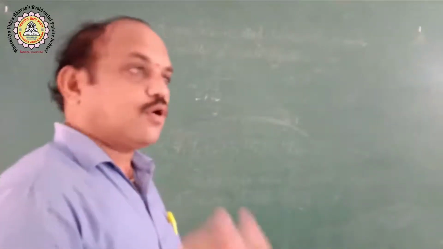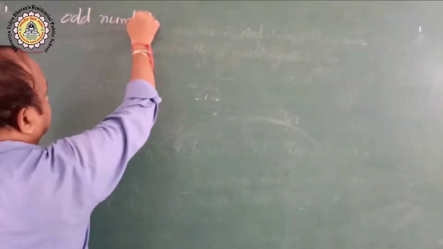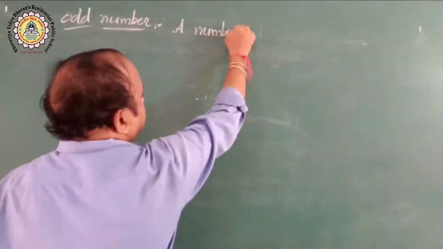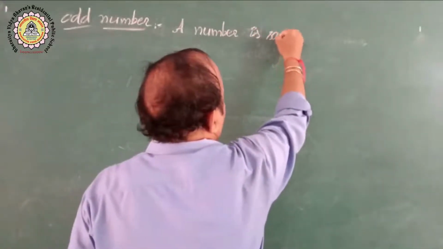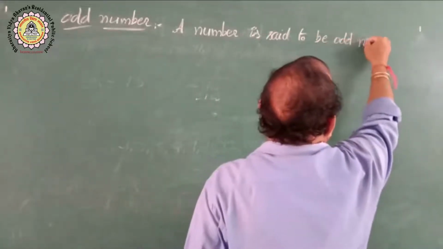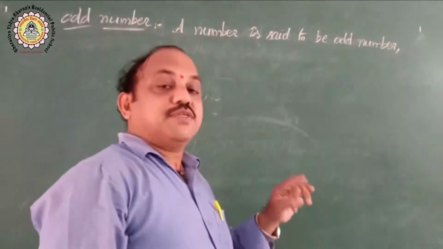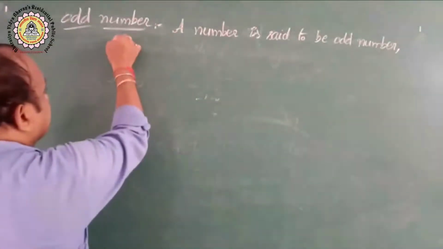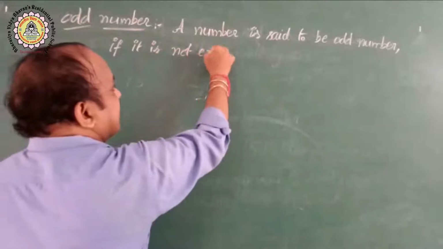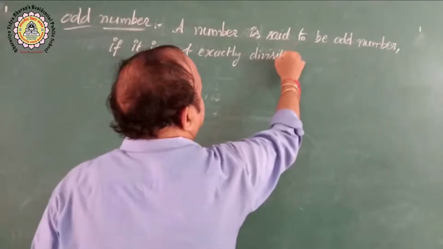Let's know about odd numbers. A number is said to be odd number if it is not exactly divisible by 2.